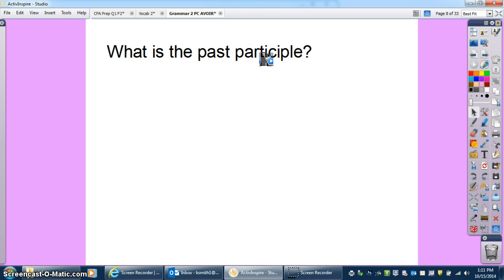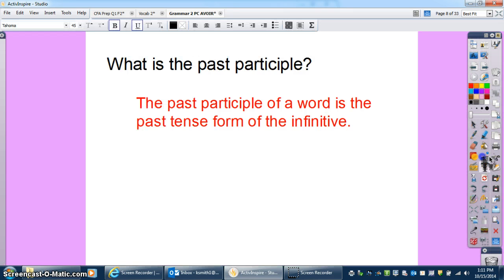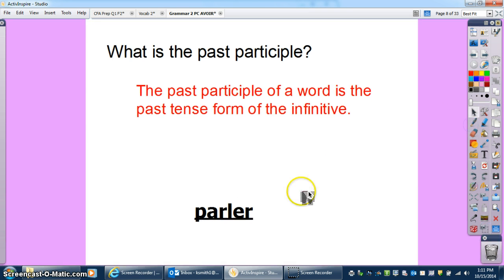So what is the past participle? The past participle of a word is the past tense form of the infinitive. So for example, parler is an infinitive. The past participle would be the past tense form of parler. You'll see how to do that in a second.